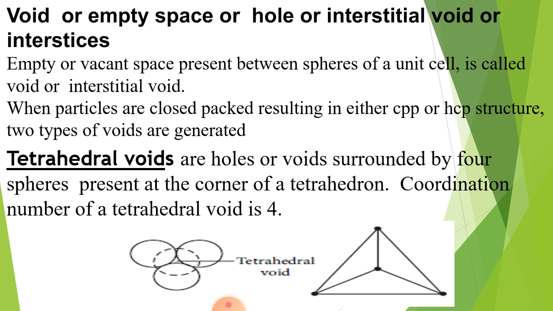A void covered by 4 spheres. That's why this void is known as a tetrahedral void, as the void is covered by 4 spheres. That's why the coordination number is also 4.